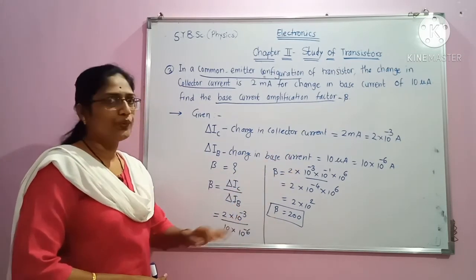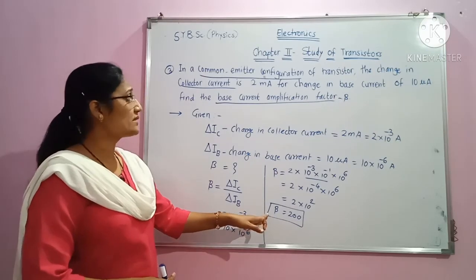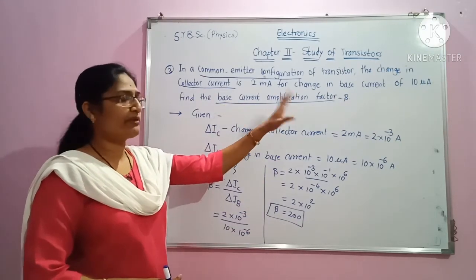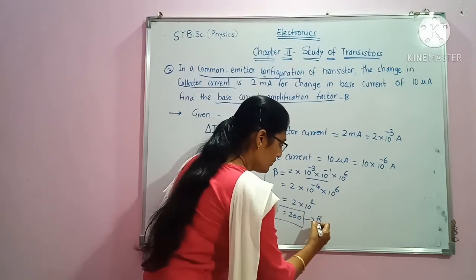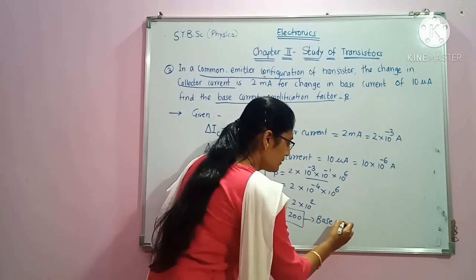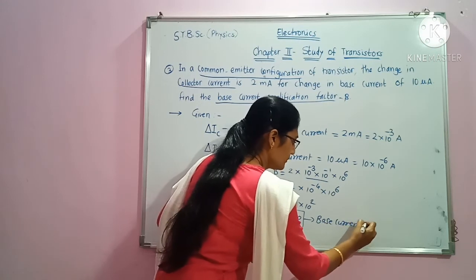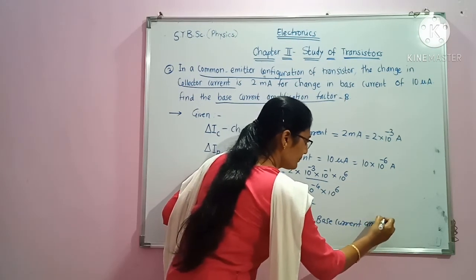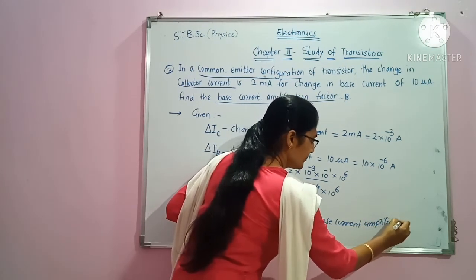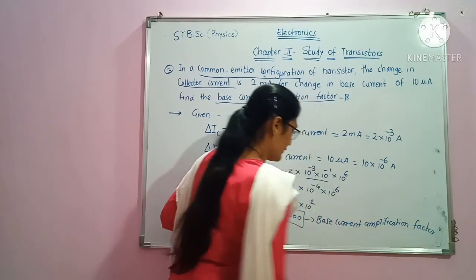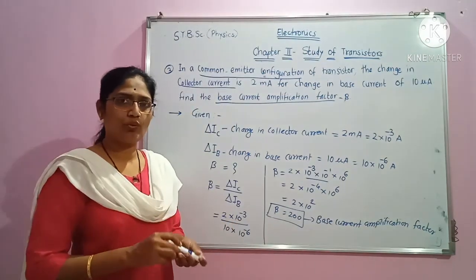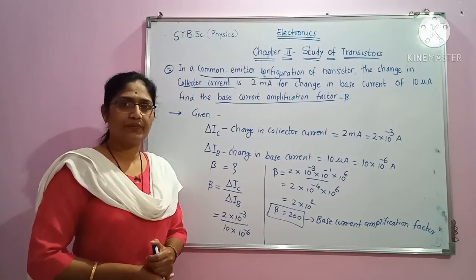It is a unitless quantity, and beta is nothing but the base current amplification factor. So we have obtained the value of beta as 200. Thank you.